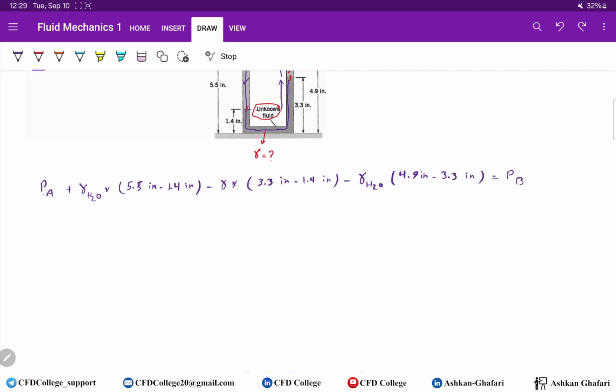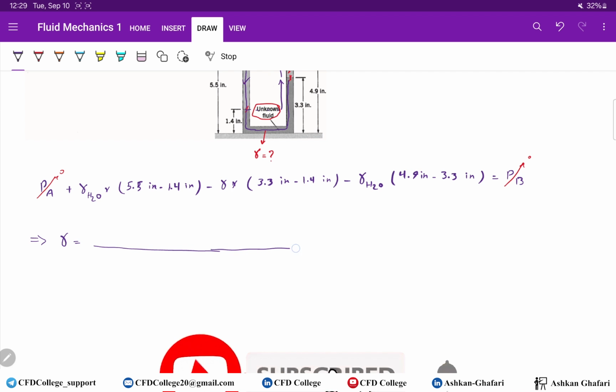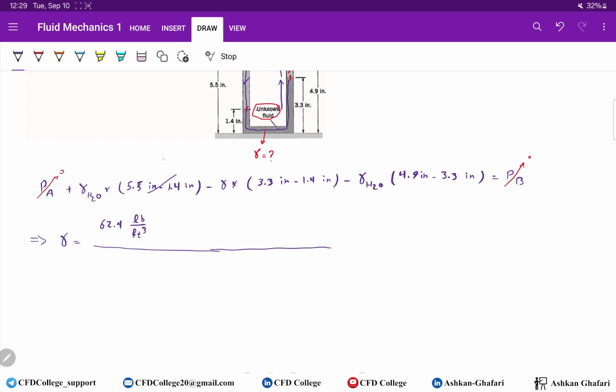Okay, we know PA is 0 and also PB. So what we have is gamma equals gamma of water, 62.4 pounds per cubic feet. Here we have 4.1, here we have 1.9, and here we have 1.6.